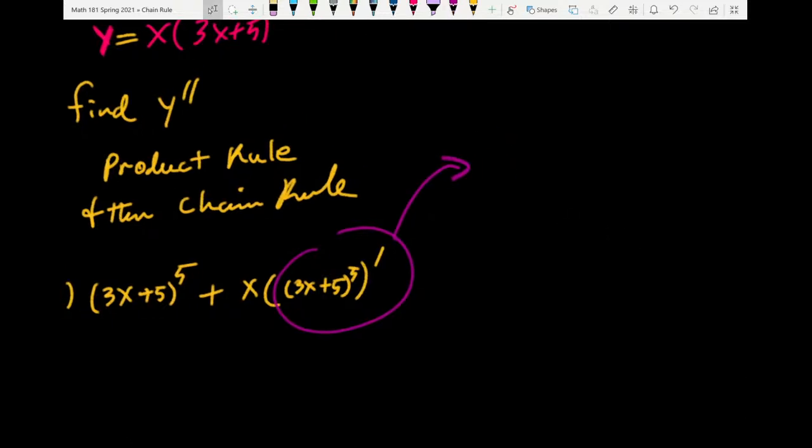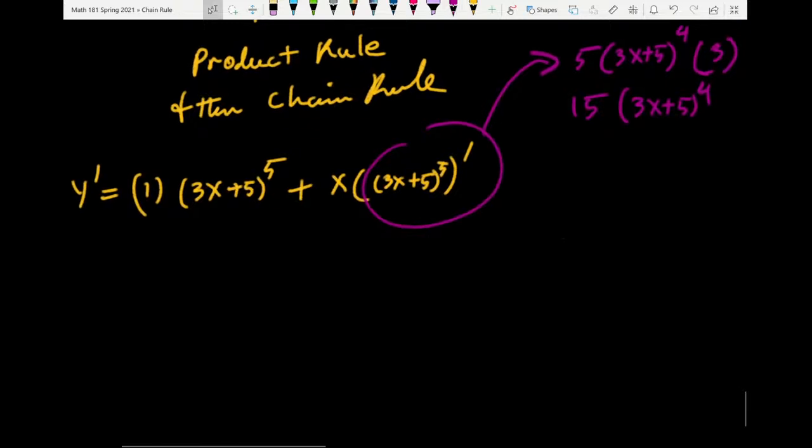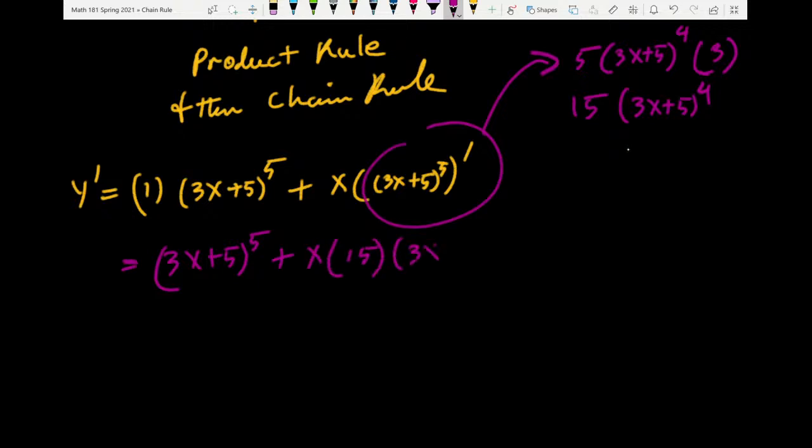And for that, we use the chain rule, and that gives me 5 times (3x plus 5) to the 4th times what the derivative of inside would be, 3. So if I simplify it, I get 15 times (3x plus 5) to the 4th. And I'm going to put that information back here: (3x plus 5) to the 5th plus x times 15 times (3x plus 5) to the 4th.